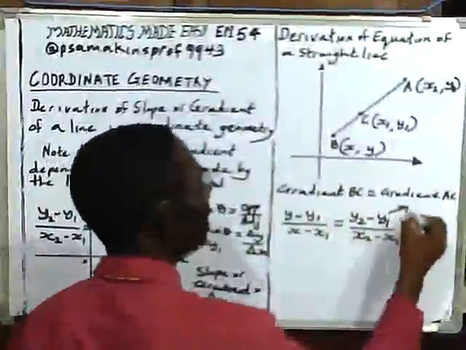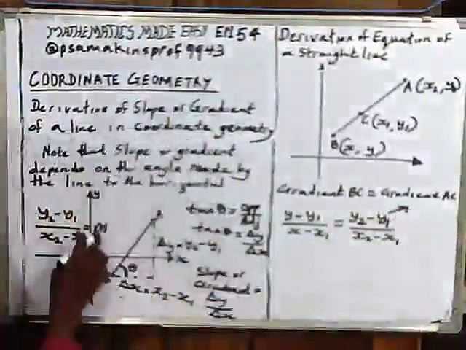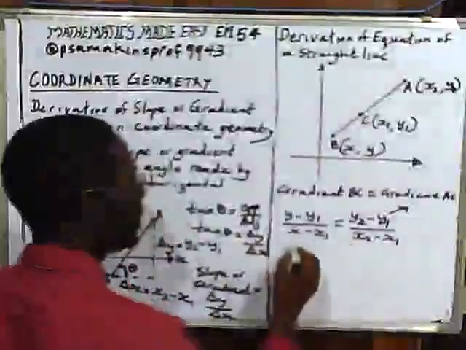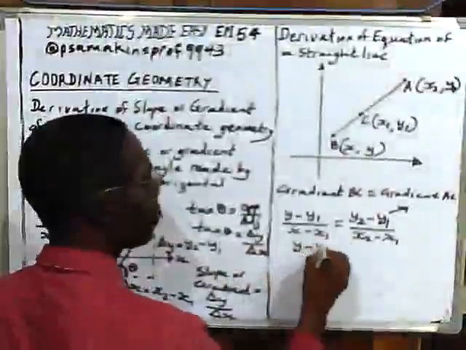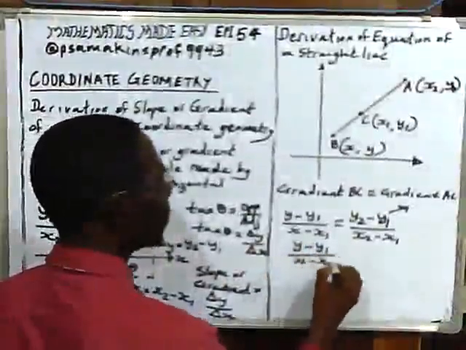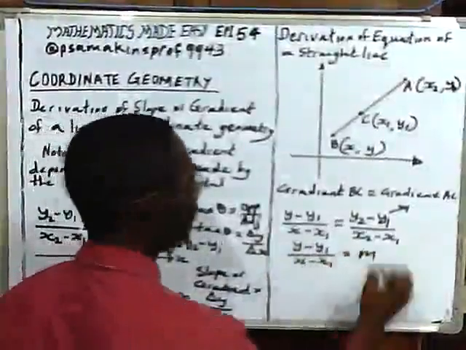Remember that this is m, the gradient. So if that is the case, that means y minus y1 over x minus x1 is equal to the gradient.